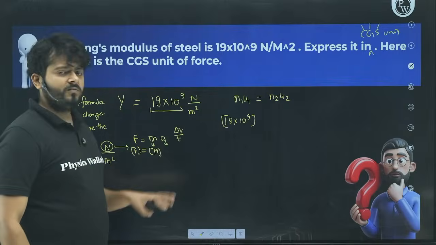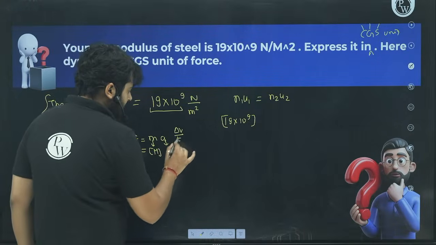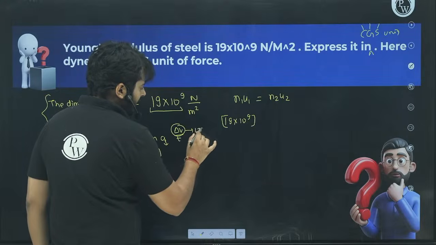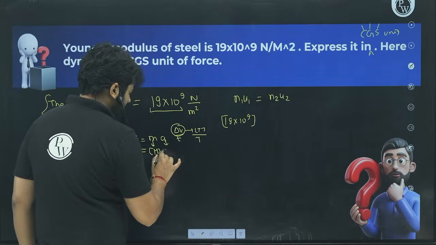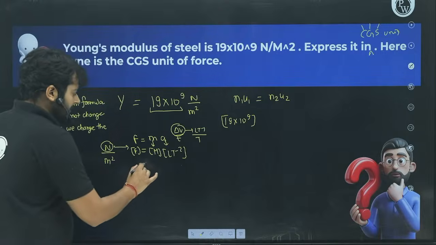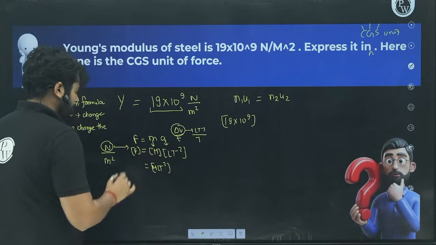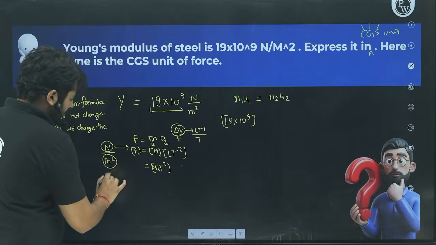Change in velocity is meter per second and time is T. So for velocity it is LT minus 1 and with time it is LT minus 2. Yes or no?